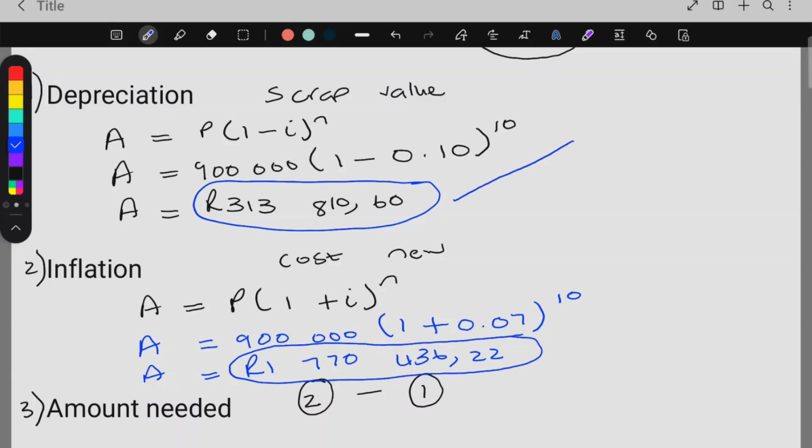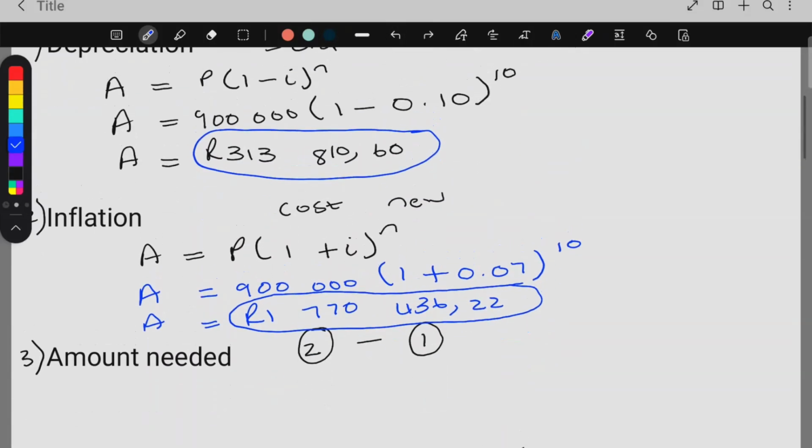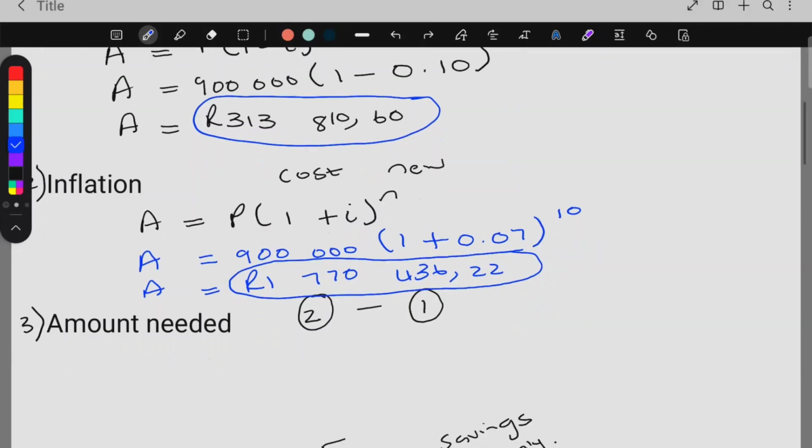Now remember, we are selling this excavator in 10 years' time. So how much money do we need in our fund? We are now going to say the answer in step number 2, so the new price minus the scrap value, because we are going to sell this excavator.